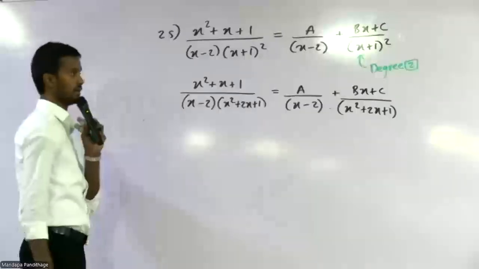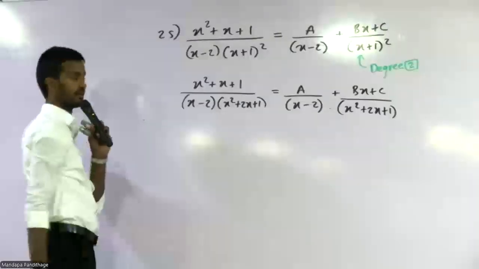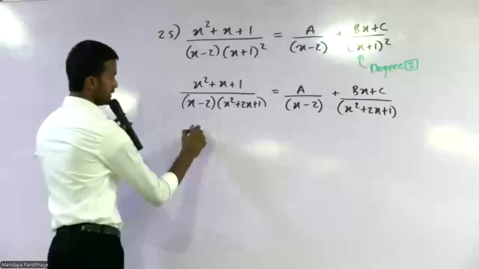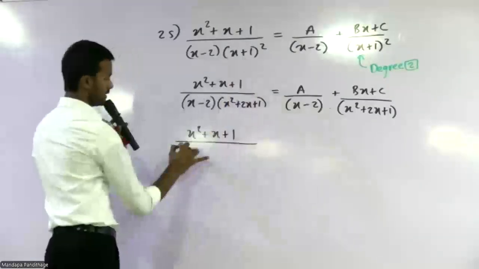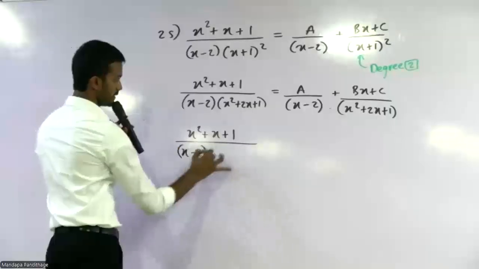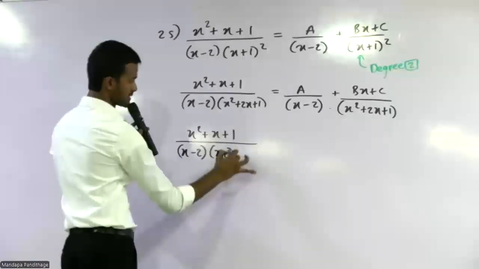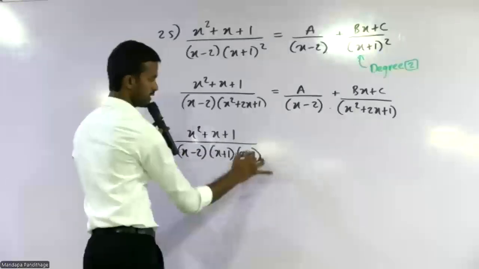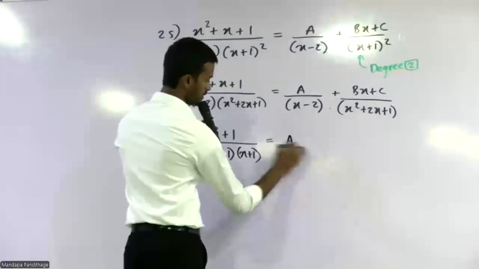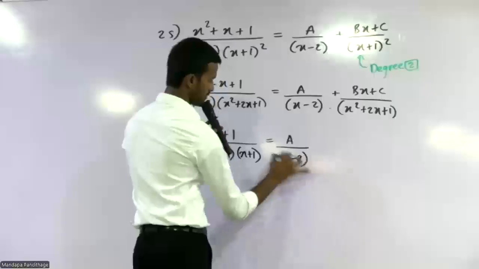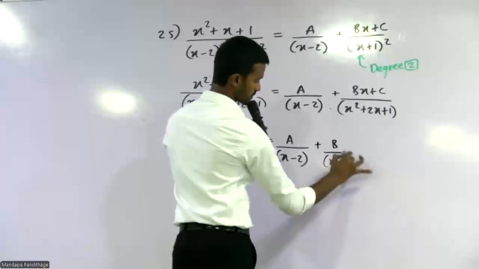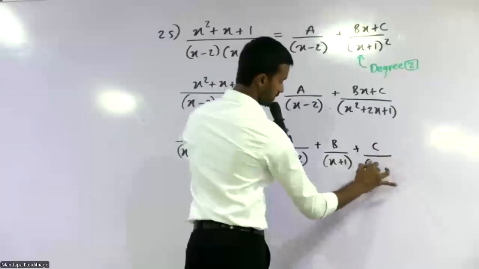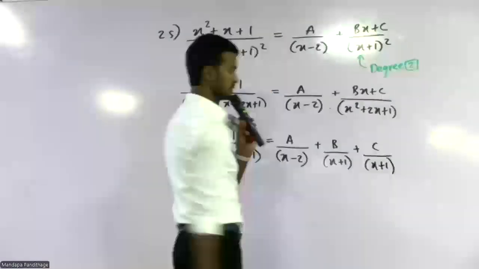Now don't write all these. Wait. So the other way is that I have noticed they write this factor x plus 1 squared as x plus 1 times x plus 1, and then they write the partial fractions in this way. So these are the 3 methods that I have noticed students are writing this.